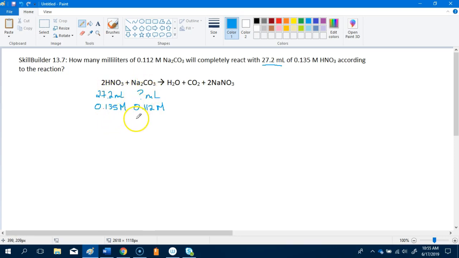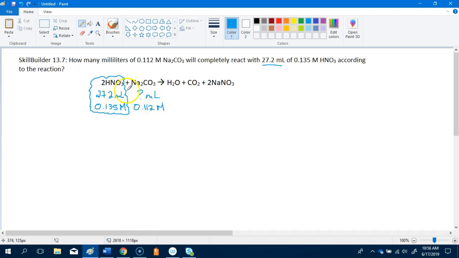So I always like to write down my given data underneath my formula just so that I can keep it clear what data goes with what. And you can see that I am given both my volume and my concentration for hydrogen nitrate, but I am looking for my volume of sodium carbonate.